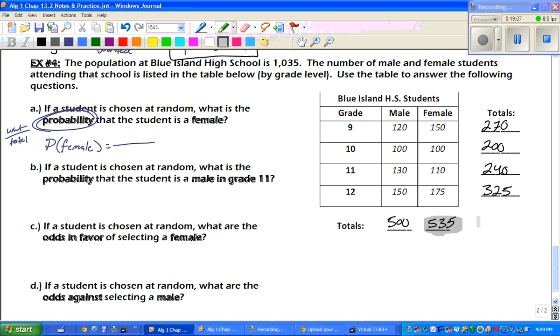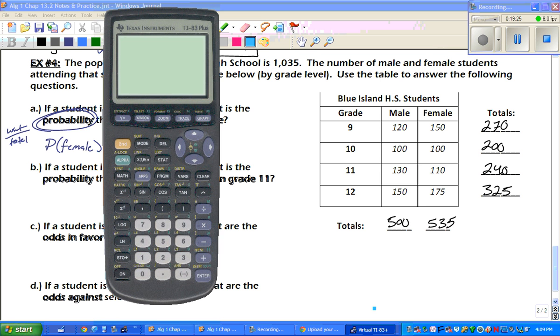So, that's what we want, the female, so that's 535 over our total, and the total it told us right up here was 1,035. Okay? Now, can we reduce it? You bet we can. Okay? 535 over 1,035. Okay?